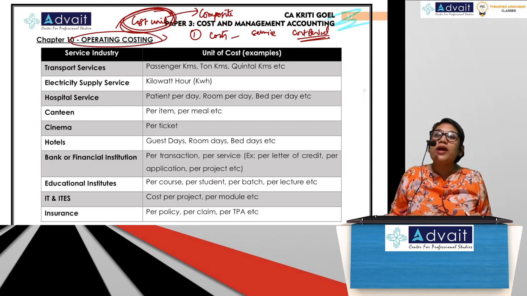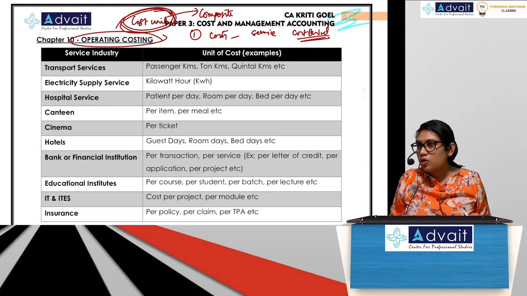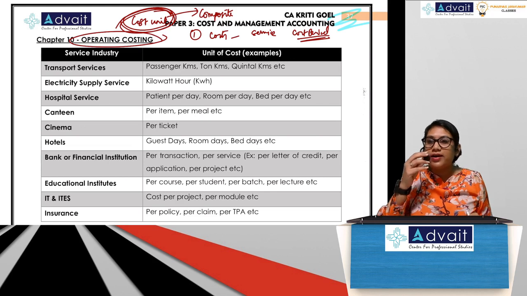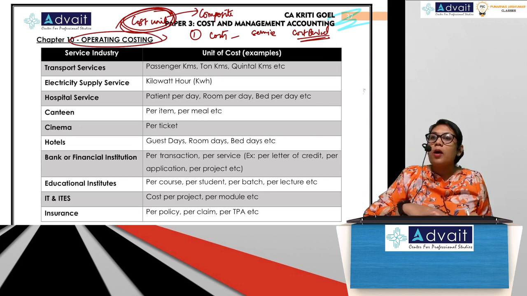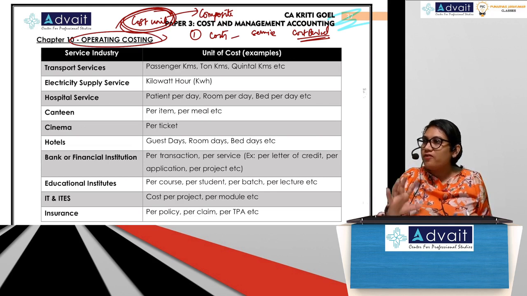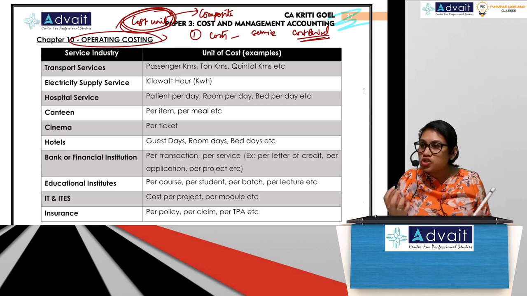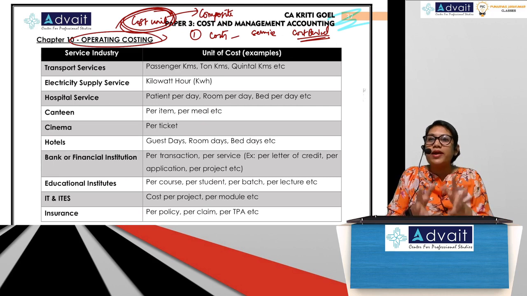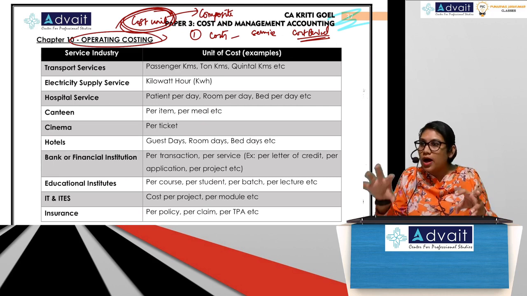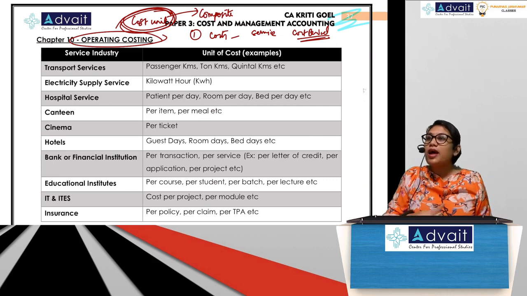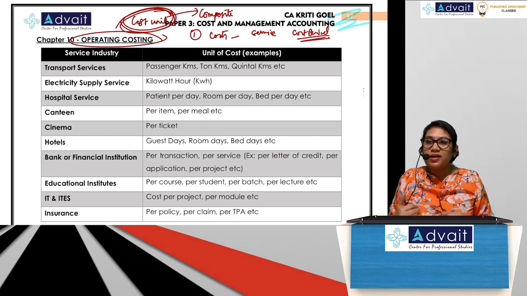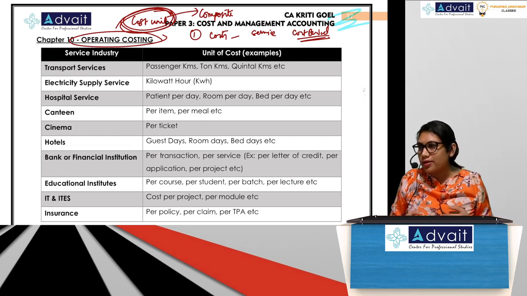Similarly, when we look at transportation, it can be divided into two parts. We have passenger transport and we have goods transport. So what is goods transport? When goods are being transported from one place to another. Remember, we did our material chapter. In the material chapter, what were we constantly doing? We were ordering goods from our supplier, correct?